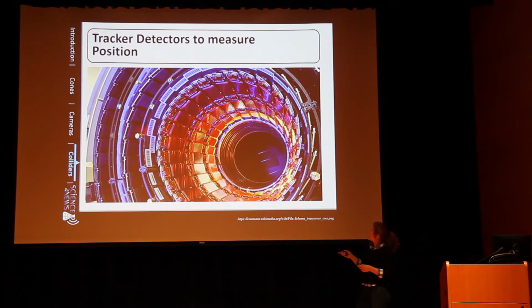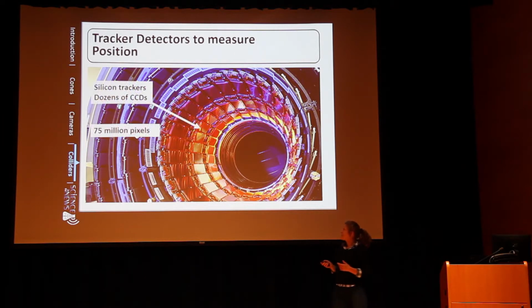Each panel you see here in the detector is a silicon tracker, which is just a CCD. Each of the CCDs contains thousands of pixels, which detect the presence or absence of a particle. And altogether, the detector has 75 million pixels.